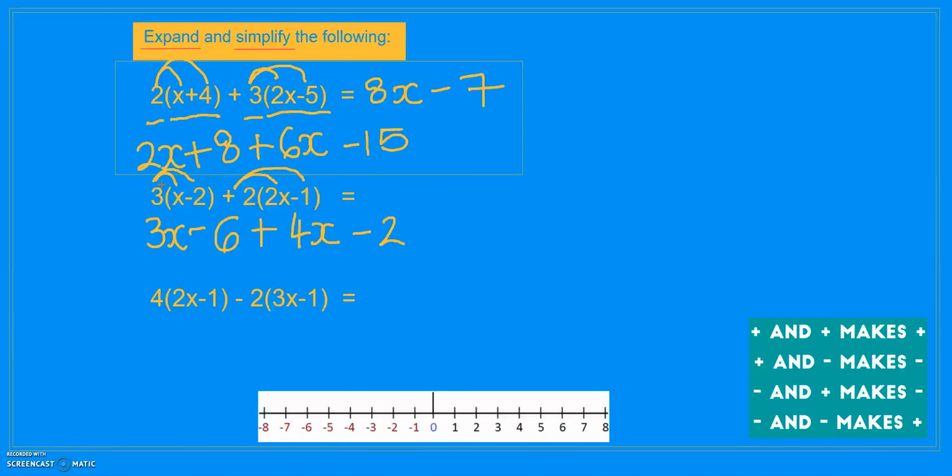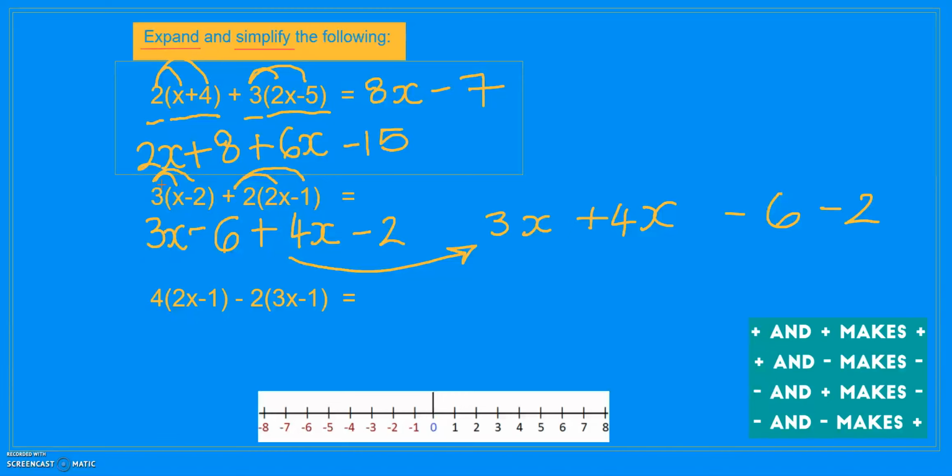So one thing I actually want to mention is that if you struggle with simplifying, especially at the beginning, you can just do this neat little trick where you convert it over here and you just do 3x plus 4x, minus 6 minus 2. And it's essentially the exact same thing.